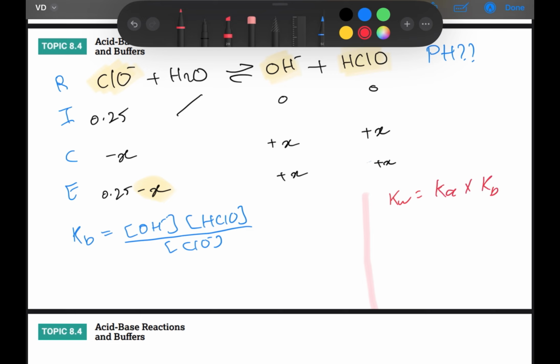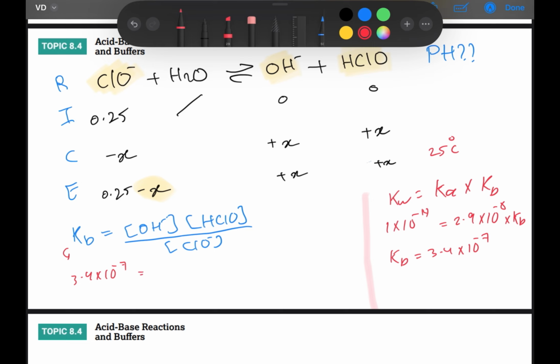Suppose the temperature is 25 degrees Celsius, Kw is 1 times 10 to the power negative 14. Ka is 2.9 times 10 to the power negative 8, multiplied by Kb. The Kb value at the end is equal to 3.4 times 10 to the power negative 7.